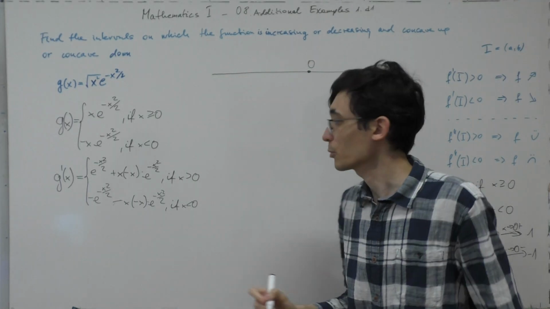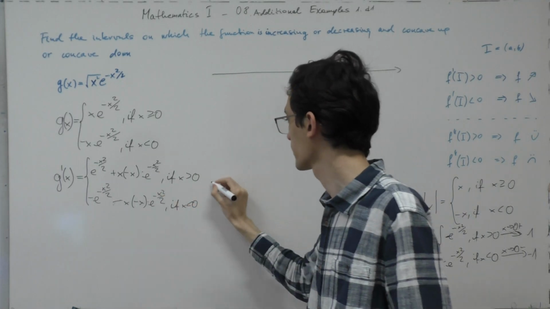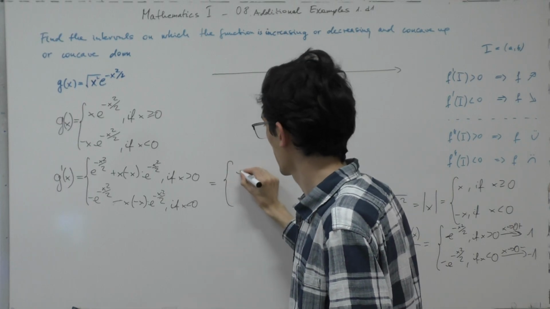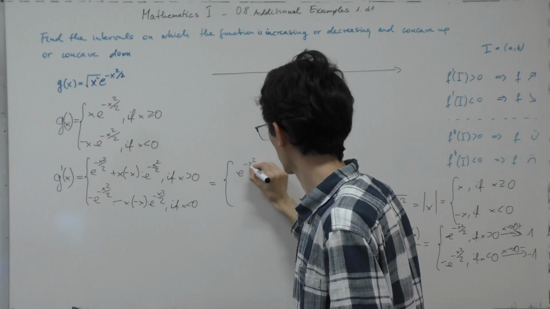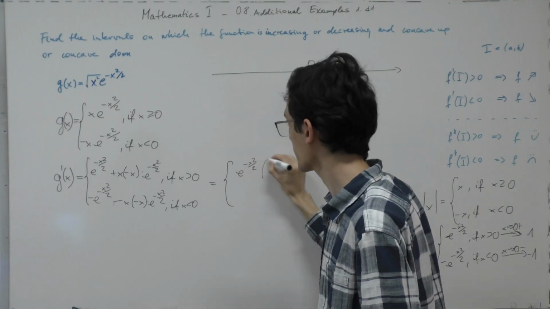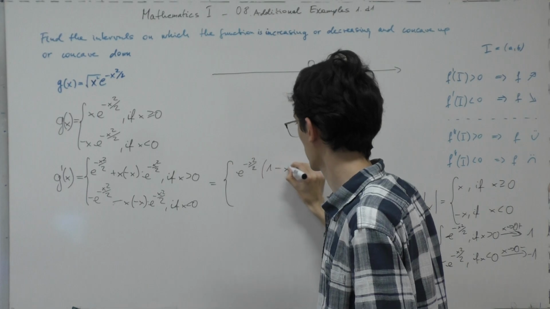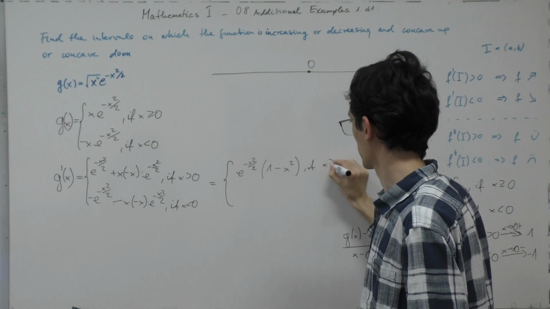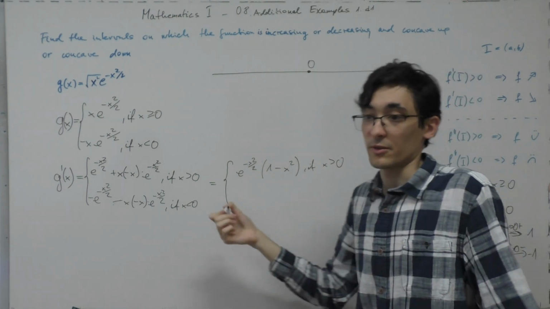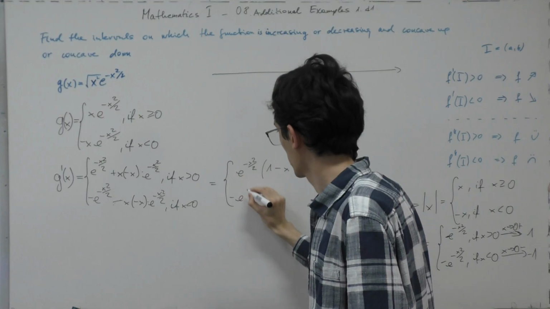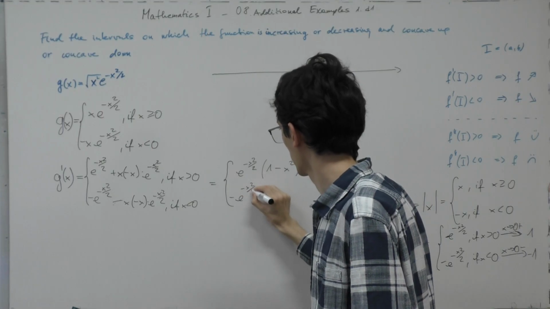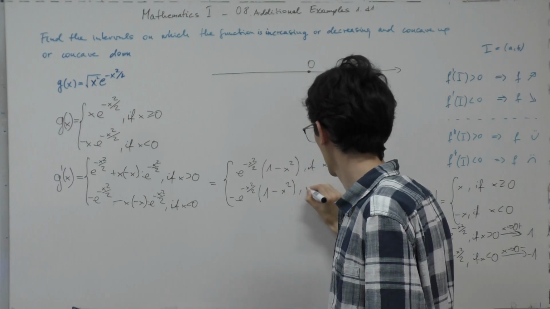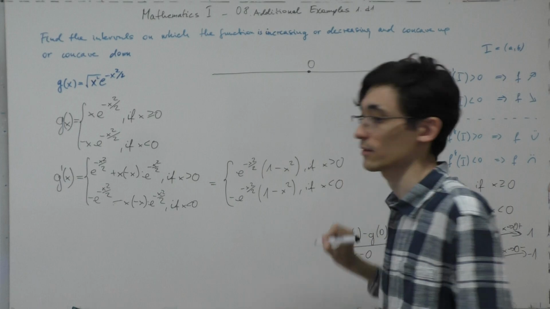Now, to find the critical points, we can factor out this from both functions, giving us e to the negative x squared over 2 times 1 minus x squared if x is greater than 0, and of course negative 1 times this, so minus e to the negative x squared over 2 times 1 minus x squared if x is less than 0.